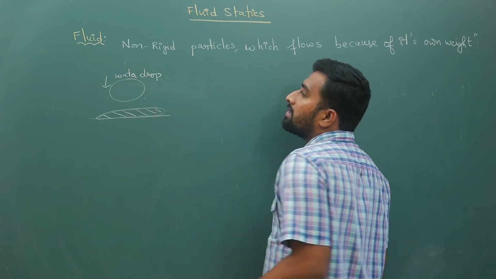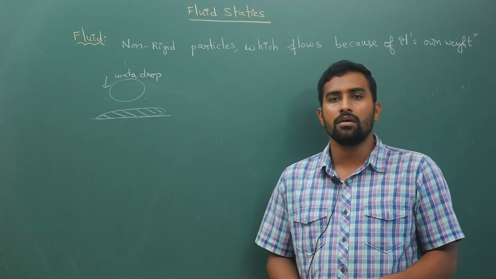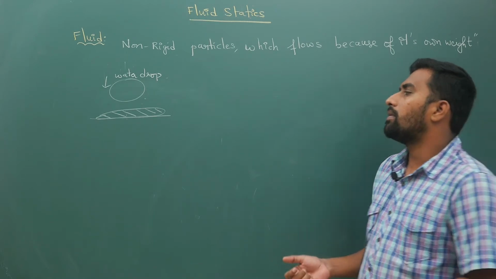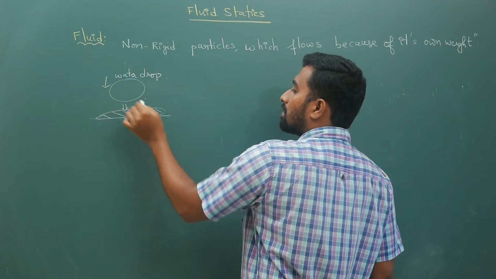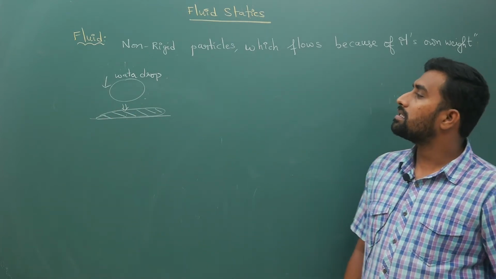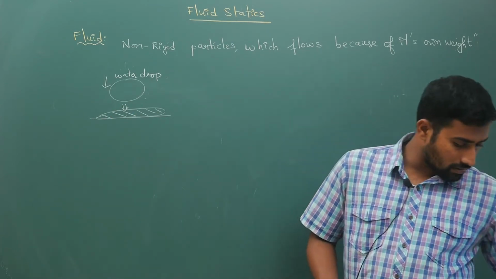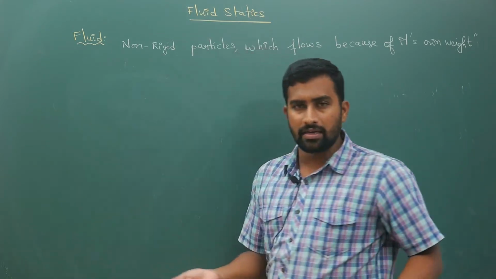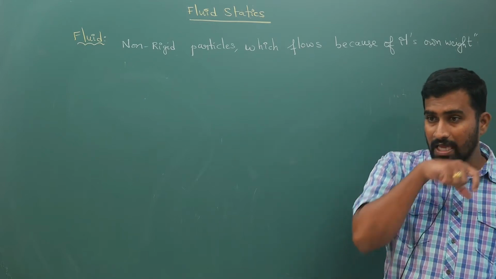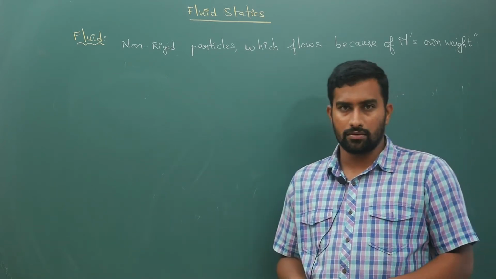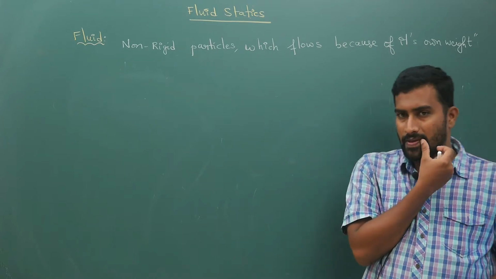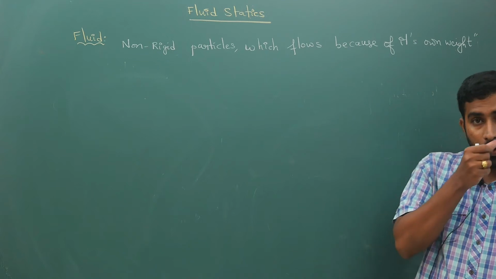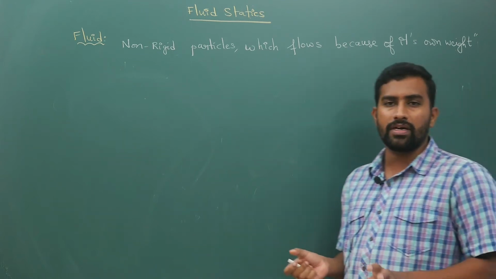It spreads because of its own weight. Further elaboration we will talk about later, but it is flowing because of its own weight. So fluid is that. It can be air, it can be liquid. Air can also be assumed to be a fluid. For air also we can apply whatever we are learning, but with certain limitations and conditions. That part we will see later.